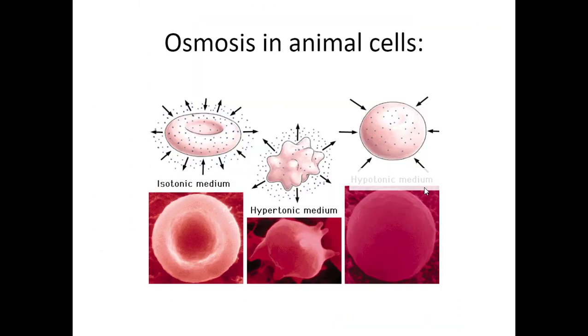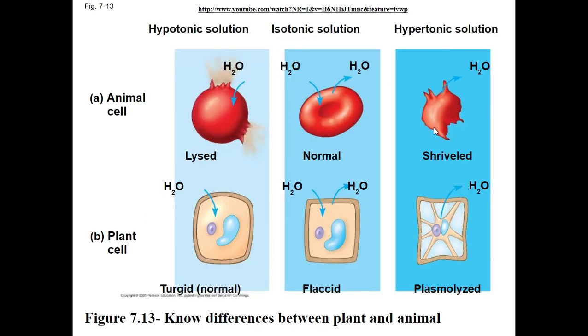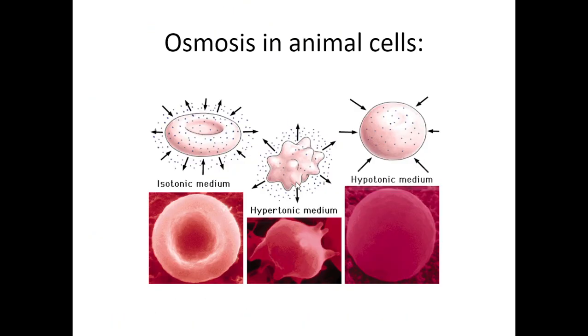And this is just taking another look at that. So again, isotonic is even across the membrane and both sides of it. Hypertonic, we see water leaving. Hypotonic, we see water entering. Same thing we saw here. We see water leaving here because there's a lot of stuff outside, so water wants to dilute that.